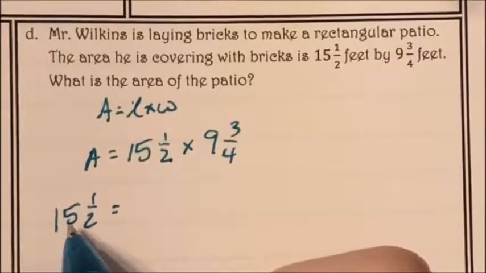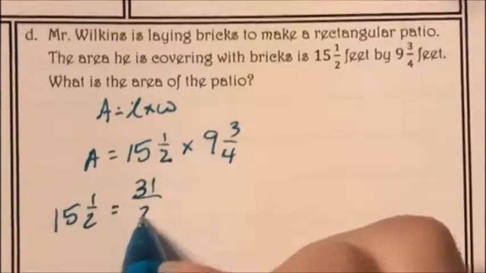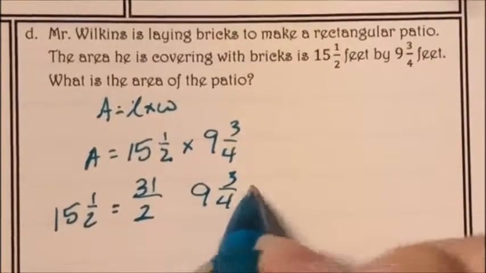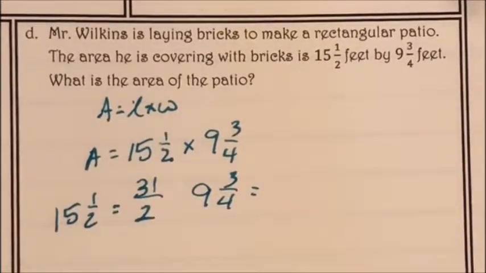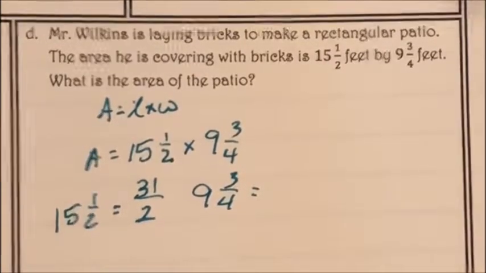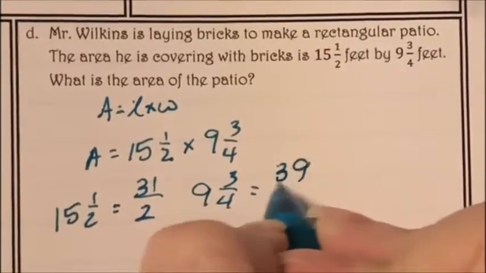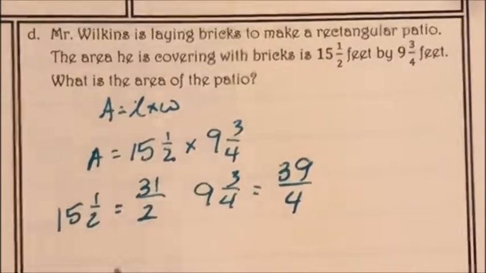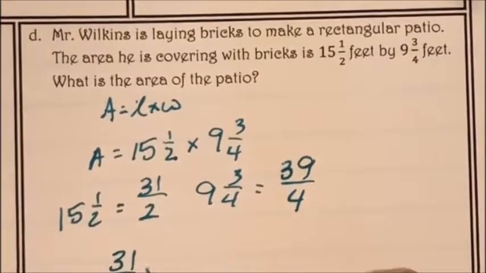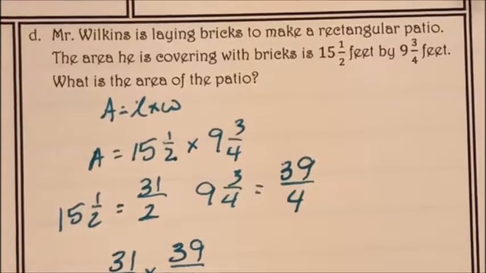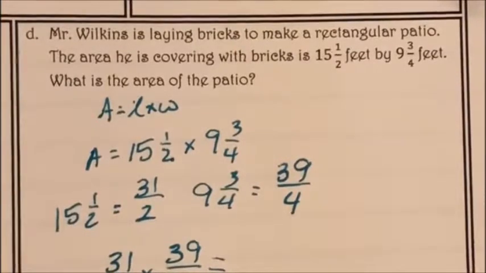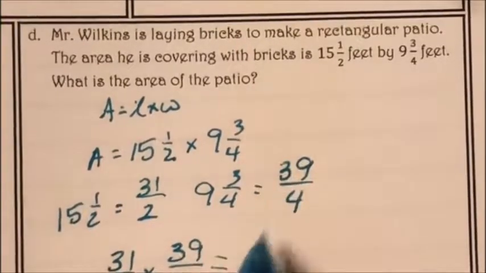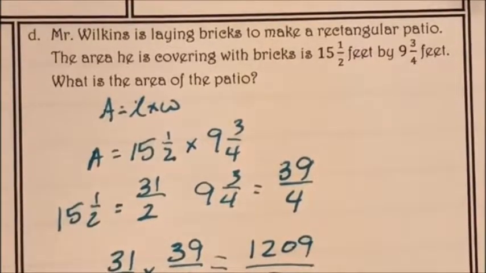So 2 times 15 is 30, plus 1 is 31. 4 times 9 is 36, plus 3 is 39. So now I have 31 halves times 39 fourths. And then I can multiply straight across. 31 times 39 is 1,209. 2 times 4 is 8.